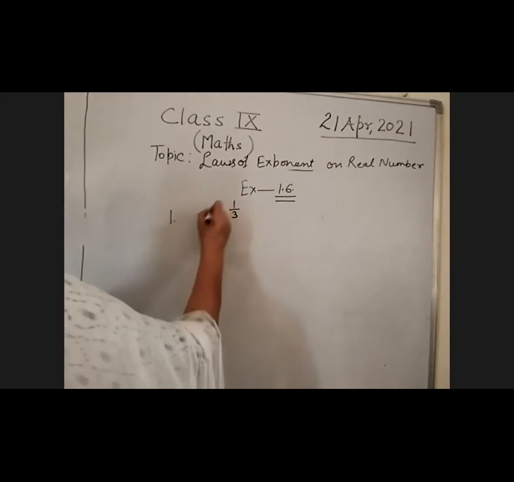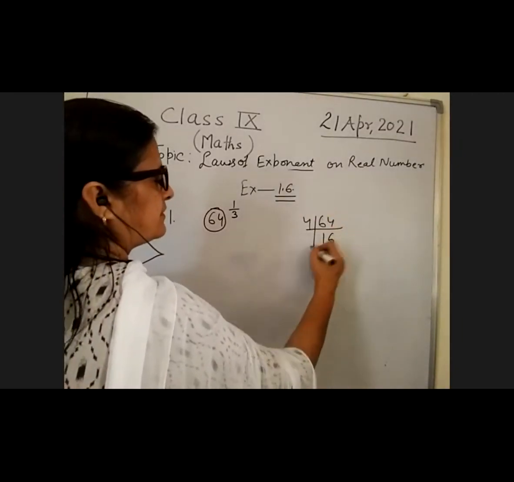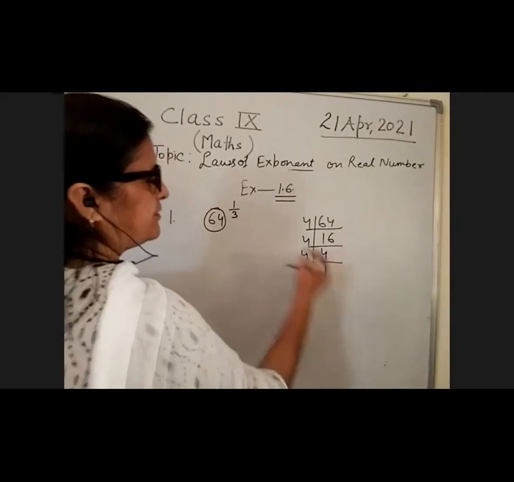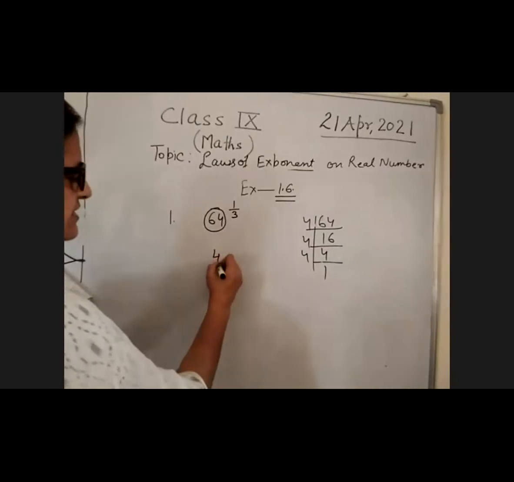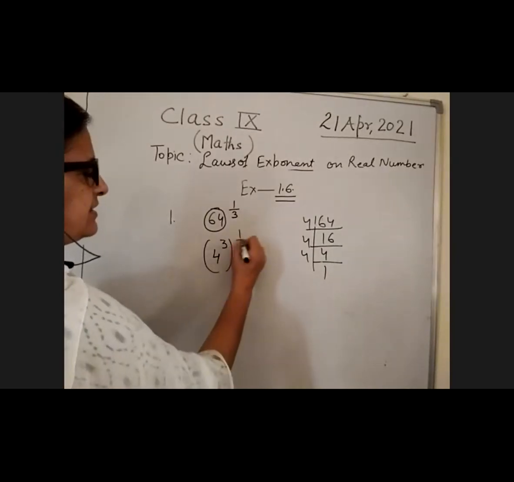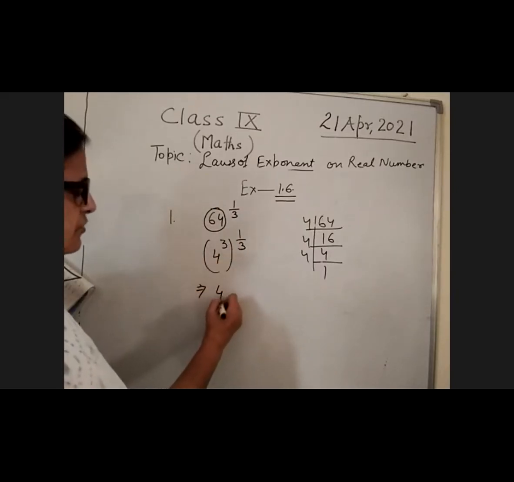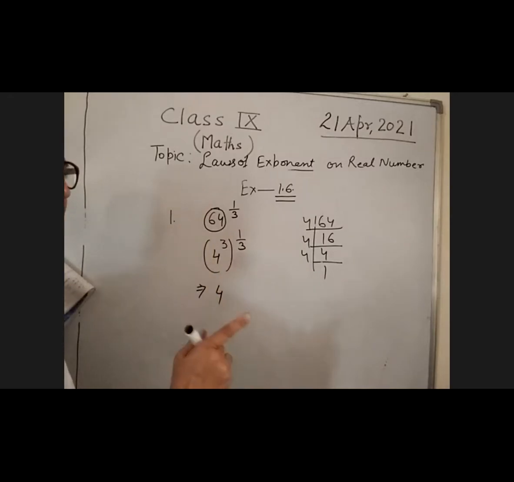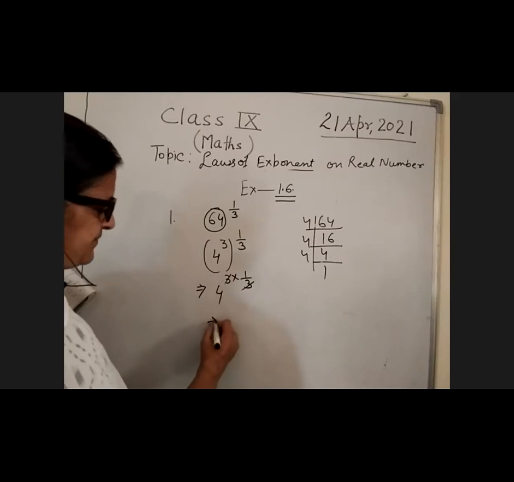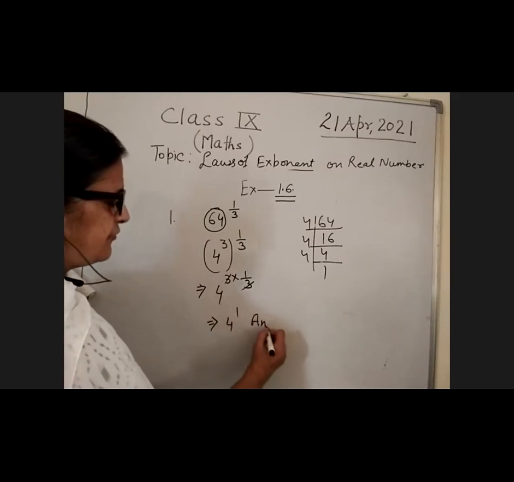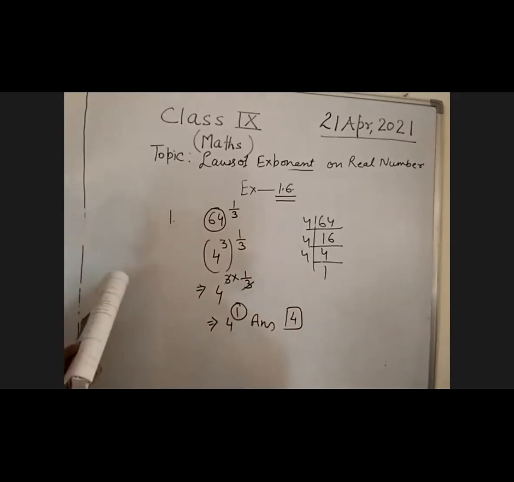Now you will take the prime factorization of 64. 4 16s are 64, again 4 4s are 16, 4 1s are 4. This is 4 raised to the power 3, and the power again given is 1 upon 3. Now power on a power, the powers are multiplied together. 3 cancels with 3 and your answer is 4 raised to the power 1. It means your answer is 4.